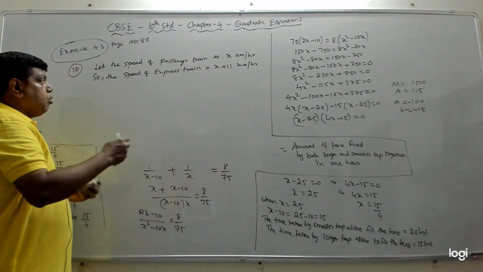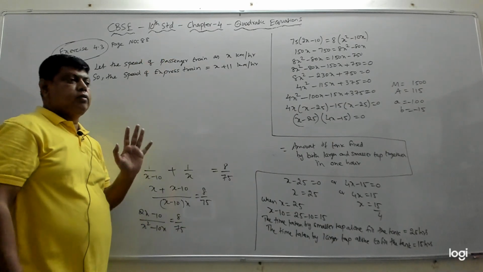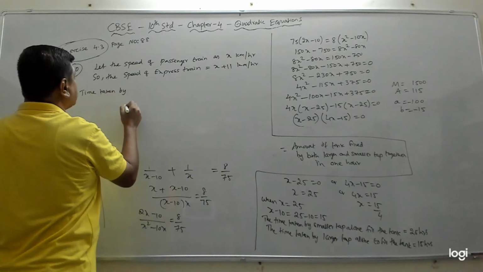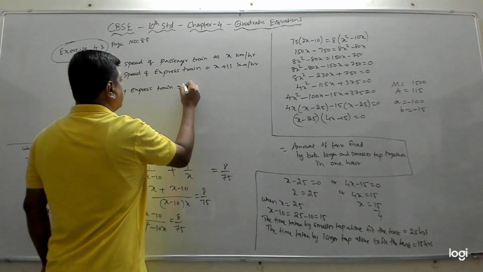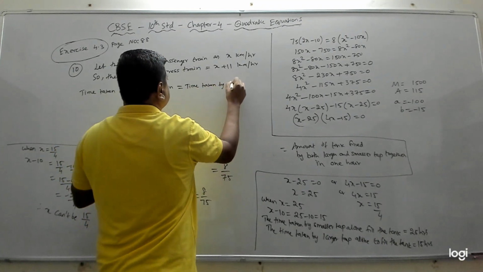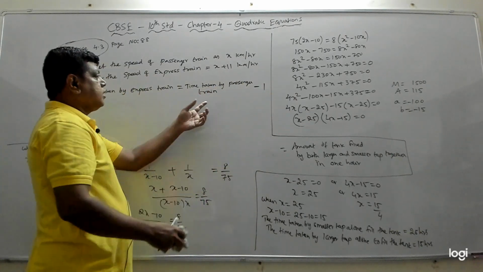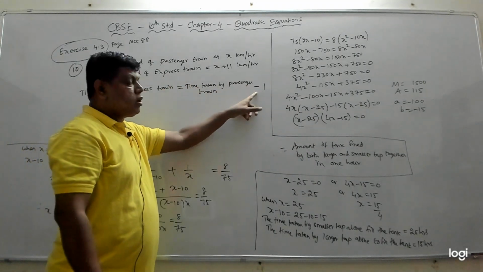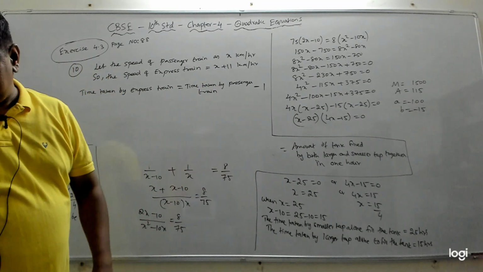Now what is given is that the time taken by the express train is 1 hour less than the time taken by the passenger train, which means we can say time taken by express train is equal to time taken by passenger train minus 1, because it takes 1 hour less. 1 hour less means, suppose the passenger train takes 6 hours, then the express train will take 6 minus 1, which means 5 hours, because the express train takes 1 hour less than the time taken by the passenger train to reach the destination.